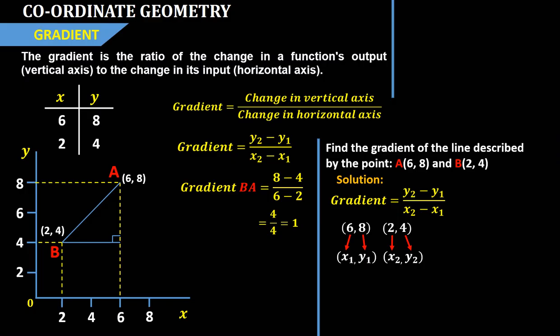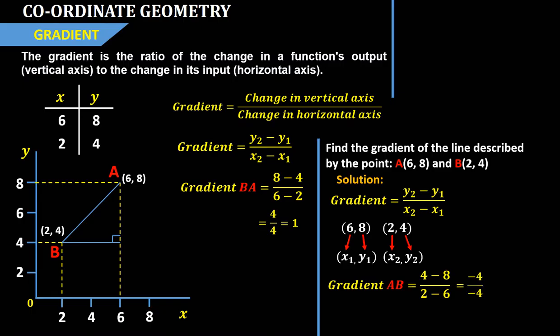Therefore, since we have points A and B, gradient AB is going to be 4, which is our y2, minus 8, which is our y1, divided by 2, which is our x2, minus 6, which is our x1.